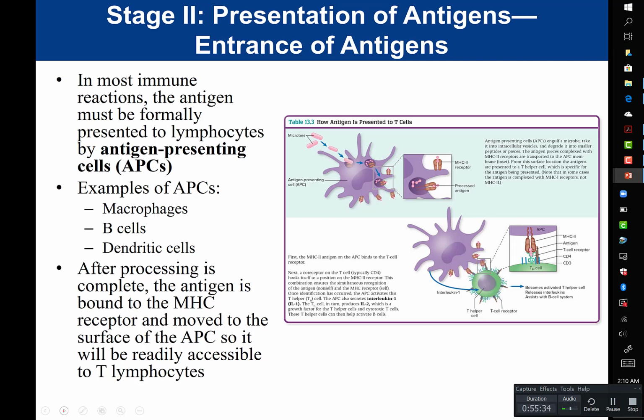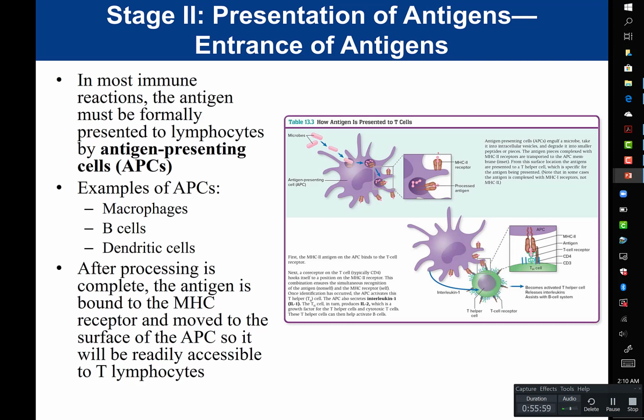So what you're seeing here is our antigen-presenting cell. Let's say this is a macrophage. It's going to undergo phagocytosis and engulf this microbe. It breaks down the microbe, and it's going to display its antigens on MHC2.